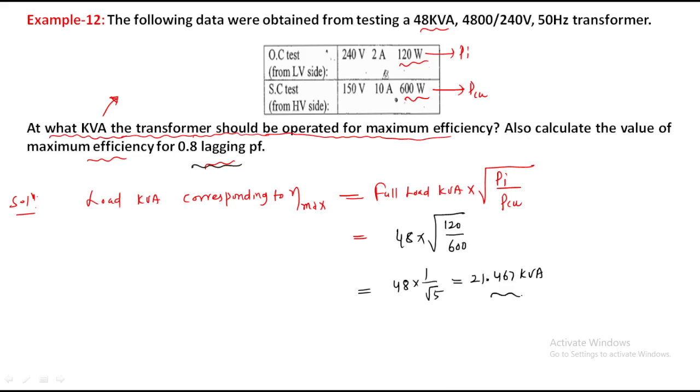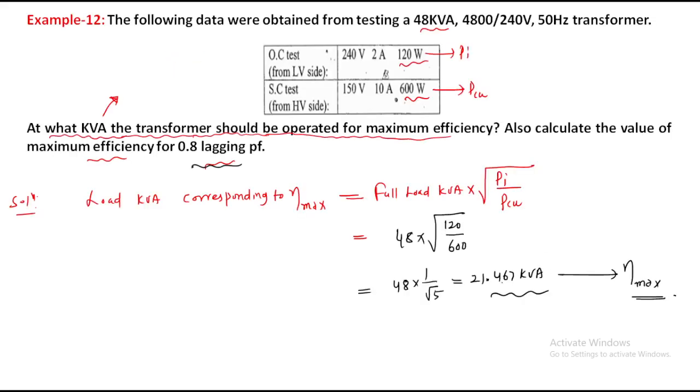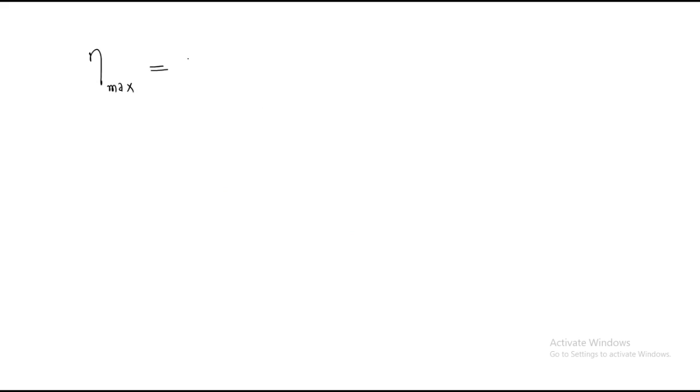Okay, therefore we have to calculate the maximum efficiency. At this value of load kVA, we are going to get the maximum efficiency, right? Then we have to calculate the value of efficiency at 0.8 power factor lag. First we have to calculate the value of x.